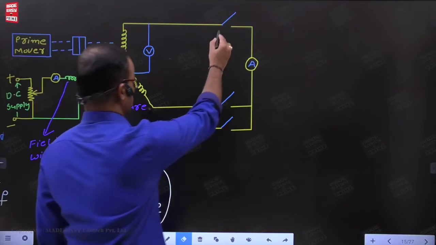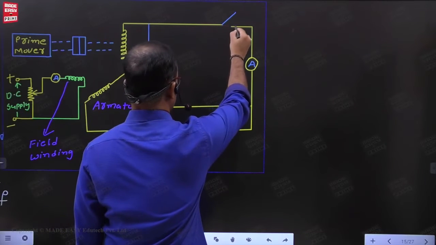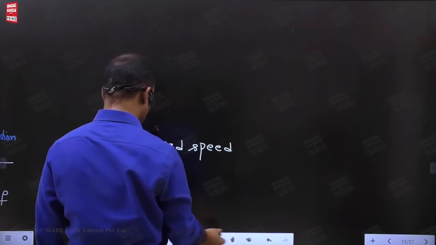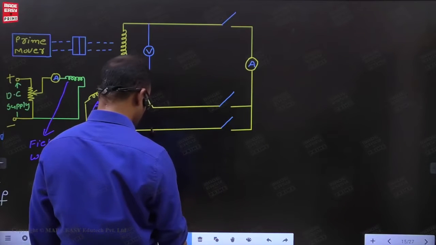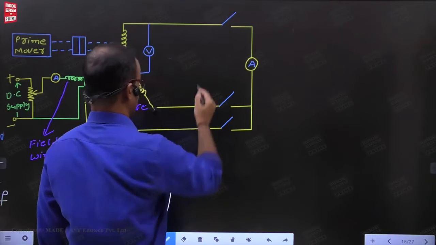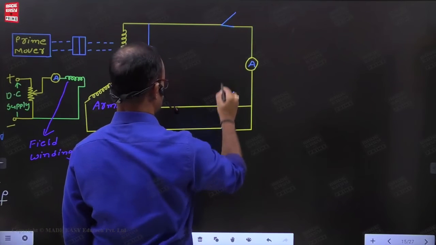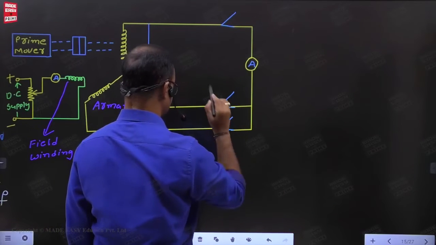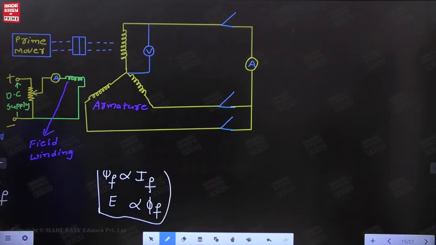To obtain the short circuit characteristics, this switch is closed.